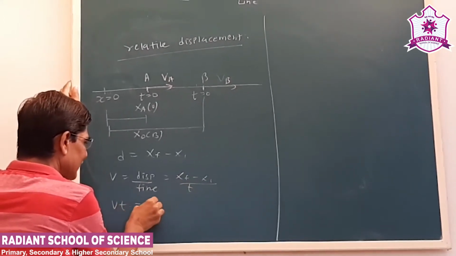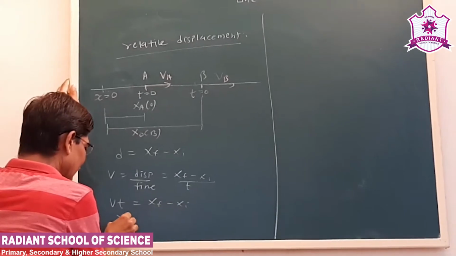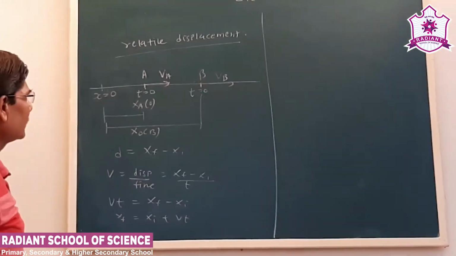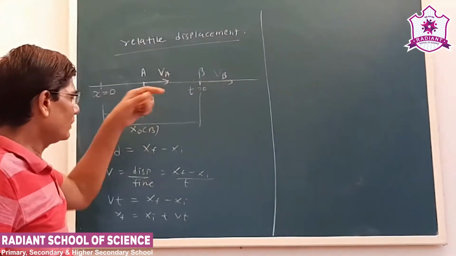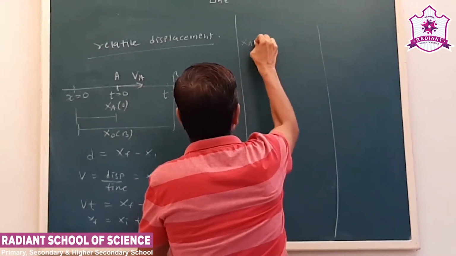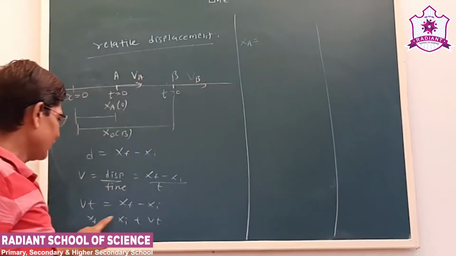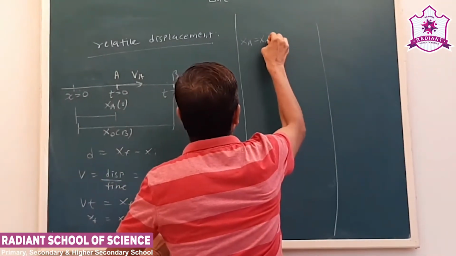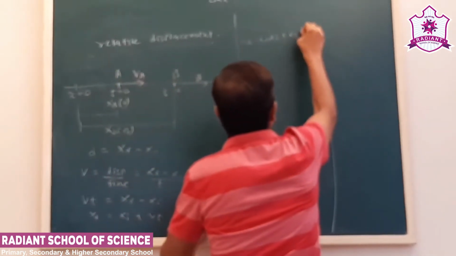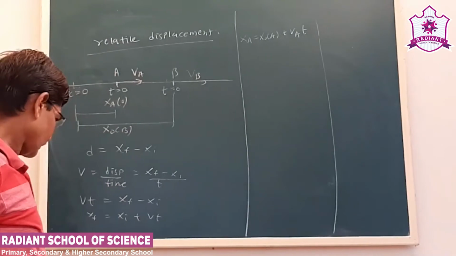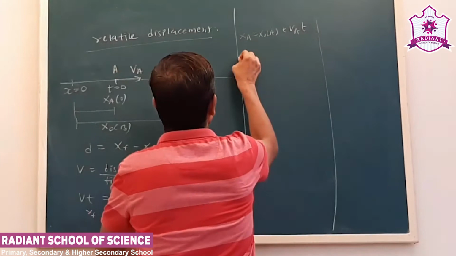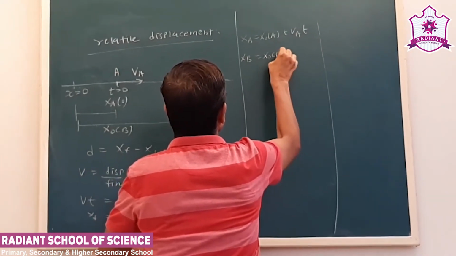So we can write vt is xf minus xi, and xf is xi plus vt. Now here we write for the two objects A and B. Let us say the final position of A, xa, is x0a, that is the initial position, plus va into t. Now similarly, if we write the equation for B, then xb, the final position, is x0b plus vb into t.